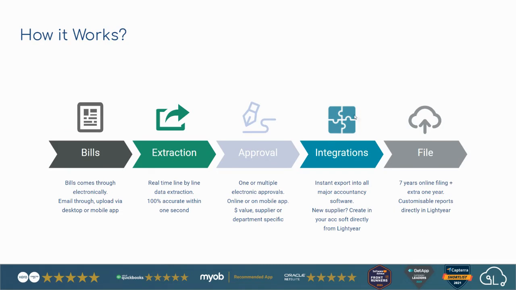Once exported to your accountancy software for payment, then it is stored in Lightyear in what we call our archive, which is an online filing cabinet for 7 years for compliance purposes, plus an extra 1 year just to be safe. And we do also have customizable reports in the archive as well. So if you do ever need a certain set of data or reports or need to find an old invoice, you can always refer to the archive in Lightyear, presuming, of course, you've been granted access to that.